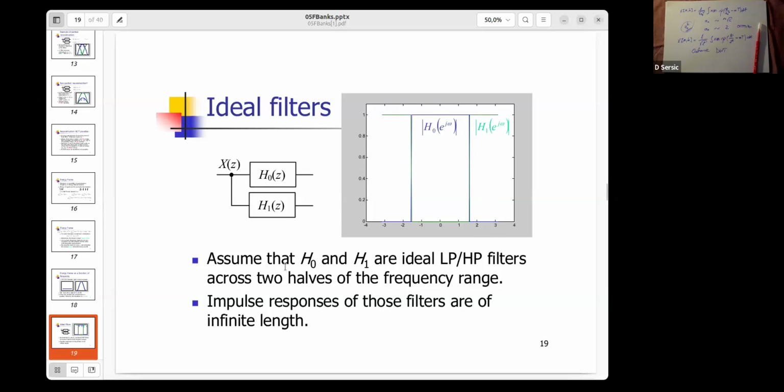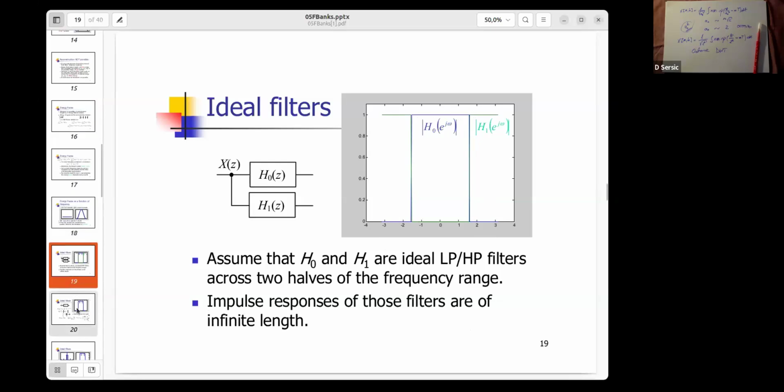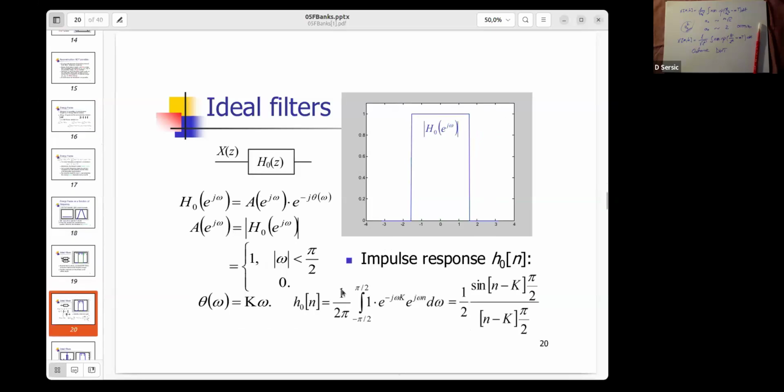But the consequence, I mean, if we have ideal filters, impulse responses of those filters are of infinite length. Let's check it out. So how to calculate it? So this is in general H0. So in polar way, we split the amplitude and the phase. Okay, nice. Our amplitude of ideal filter is 1 for the frequencies that are lower than pi half, and 0 otherwise.